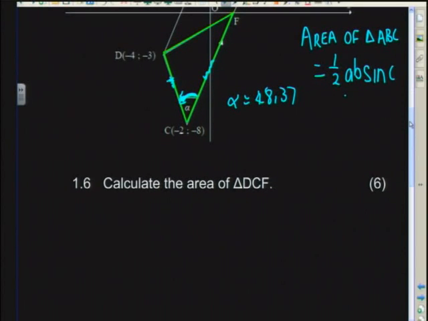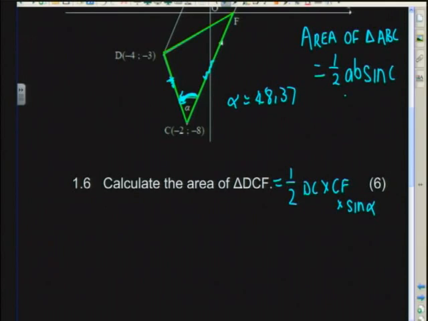So therefore the area of triangle DCF is going to be equal to a half DC times CF, and then we're going to times that by sine of alpha.